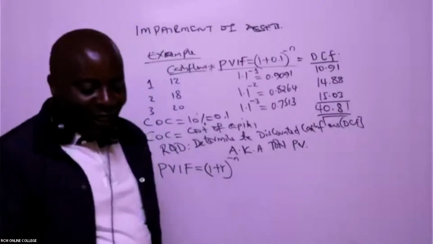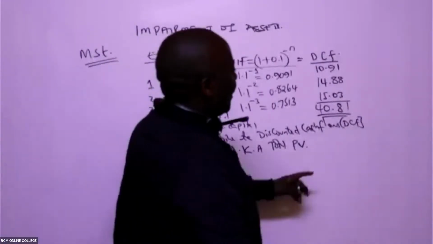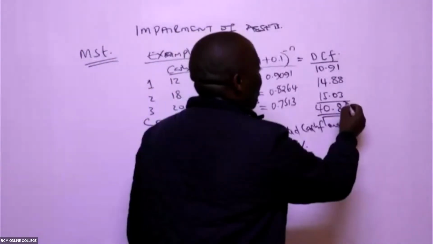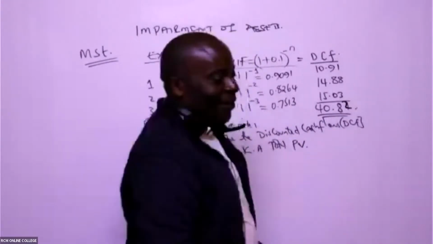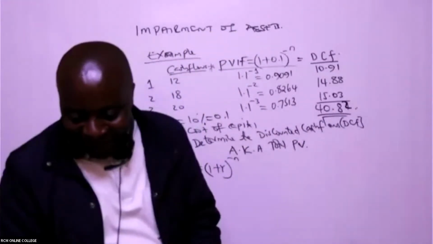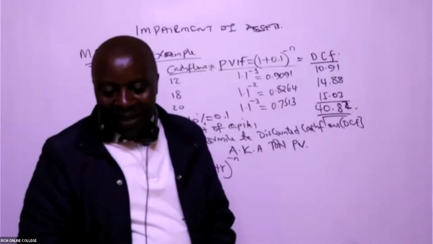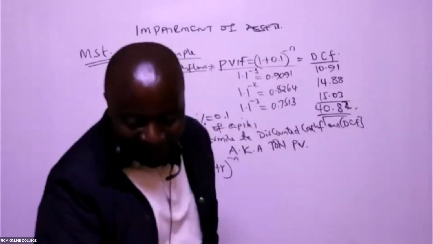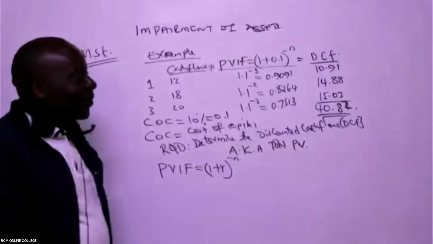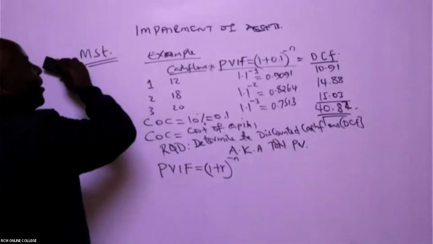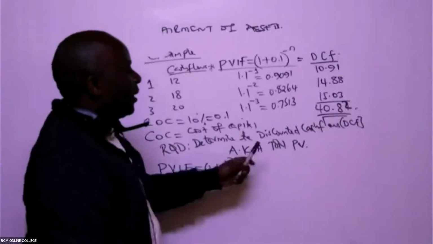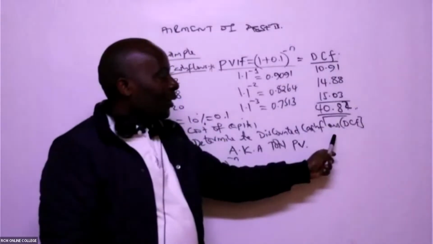40.82, or 81, 82. So in this case, yes, it's 2 decimal places. That is allowed. Great. So DCF stands for discounted cash flow.